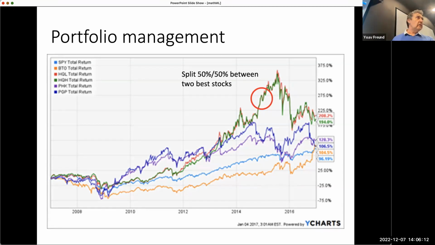Suppose that we didn't think about it as probabilistic. What would be easy and what would be hard? If you have this little part that I just circled, there are two stocks that behave very similarly. So what should we do? We should just split the money half and half between the two, because those are so far ahead of the others that if it starts going down, we'll have time to switch.